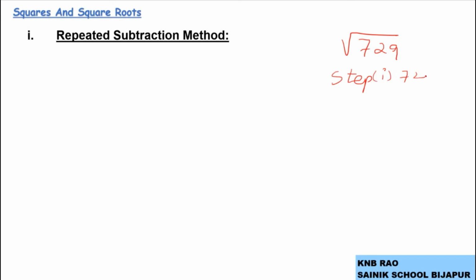In step 1, 729 minus 1, and you started continuing this. Can you guess how many steps you have to proceed? You have to proceed a huge number of steps. So students, it is really tough for us to find the square root of a number if it is big.